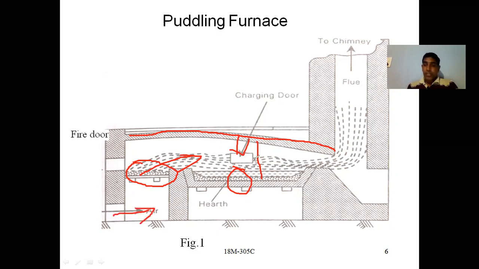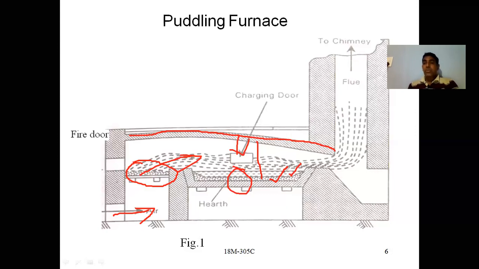Because of that fresh air, the impurities in the molten metal will be removed by oxidation. They will form slag and can be removed, and your wrought iron can settle here. If you see here, this is your slag and this bottom one is your wrought iron.